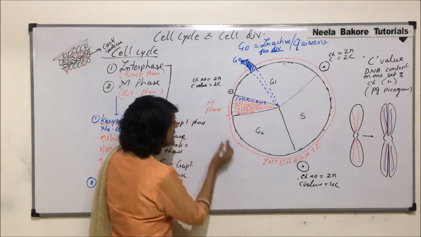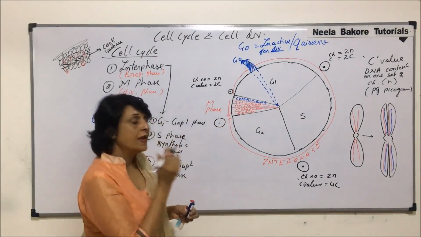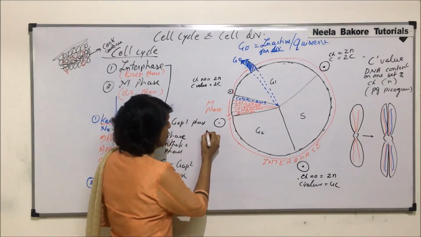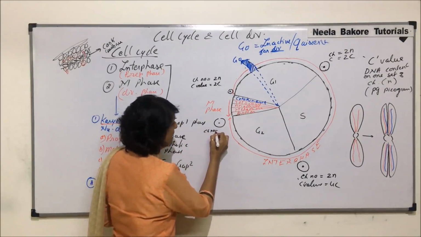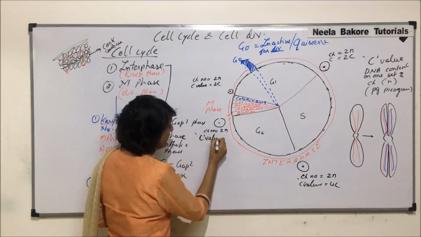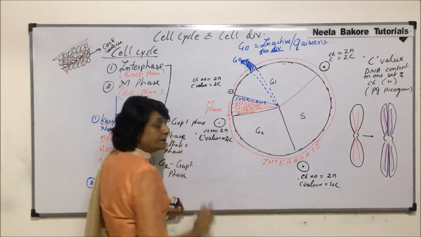The same cell comes here by the end of G2 phase. Chromosome number, there is no splitting yet. So chromosome number is still 2N and C value is 4C.